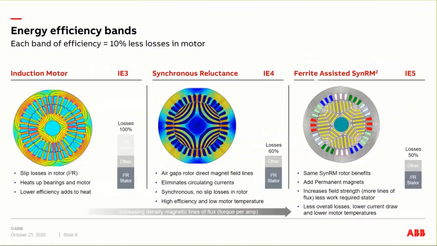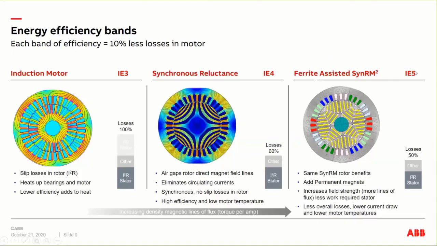So this is just a graphical representation of the different efficiency levels and the losses. We already covered this, but you have rotor losses here in an induction motor that in a synchronous reluctance, the SynRM, are eliminated. So you have lower losses and higher efficiency.